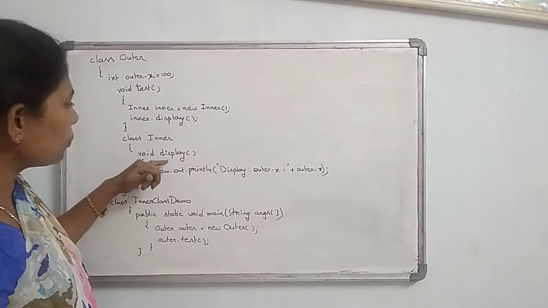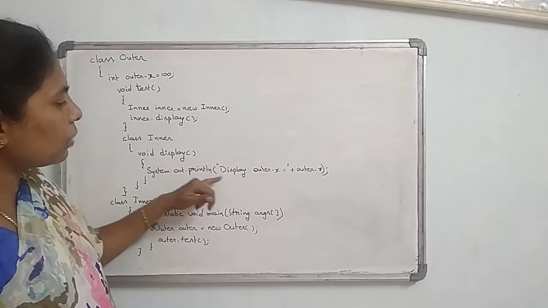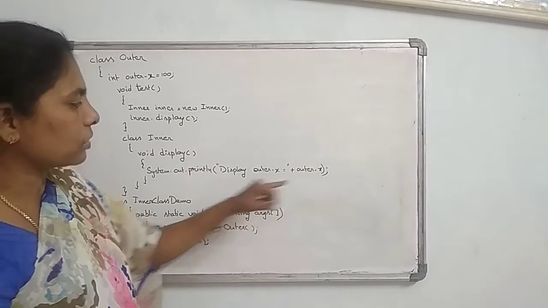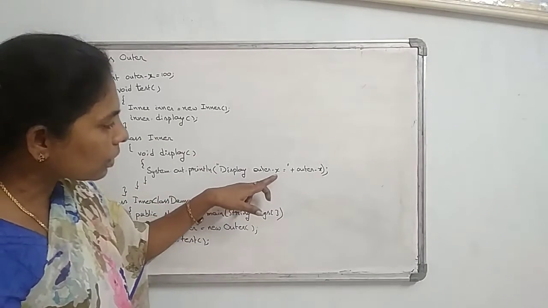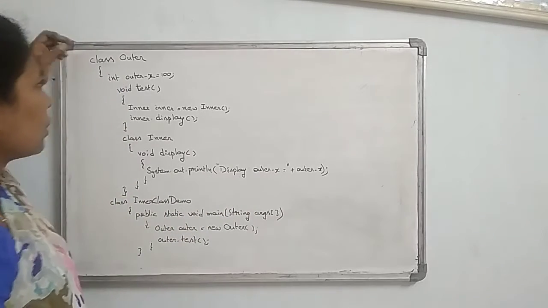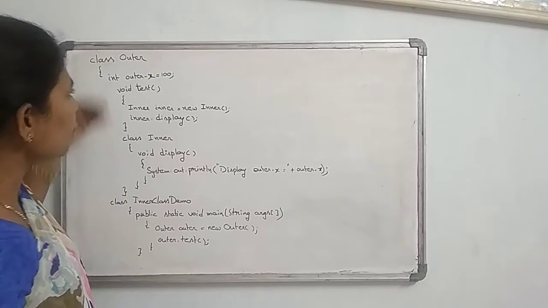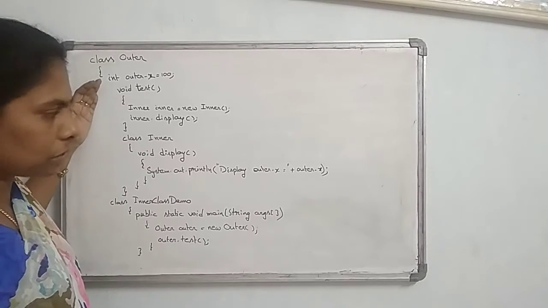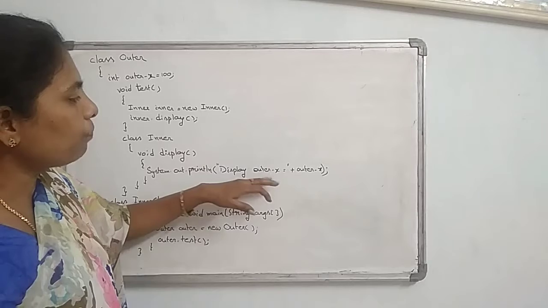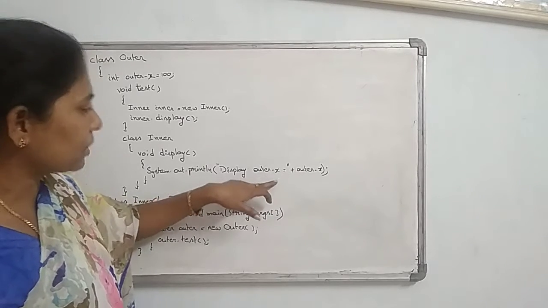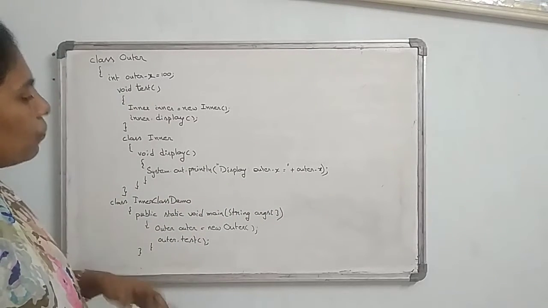Now it comes to display, and System.out.println prints outer x. The outer x is an instance variable of the outer class. That means the inner class can access the instance variables and methods of the outer class. So it takes the value of outer class's x, which is 100. So the output of display is outer x equal to 100.